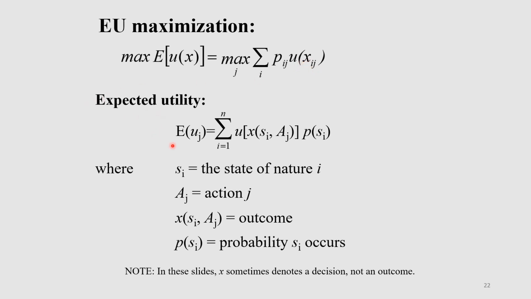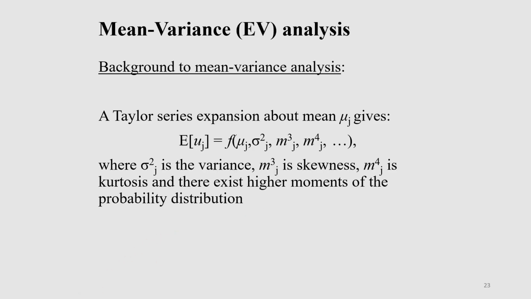The expected utility is given by this function here, where Si is the state of nature, Aj is the action J that we take, X of Si, Aj is the outcome, and P of Si is the probability Si occurs. Note that in these slides, X sometimes denotes a decision, not an outcome. Here it represents an outcome. In other places, we've used it to represent decision.